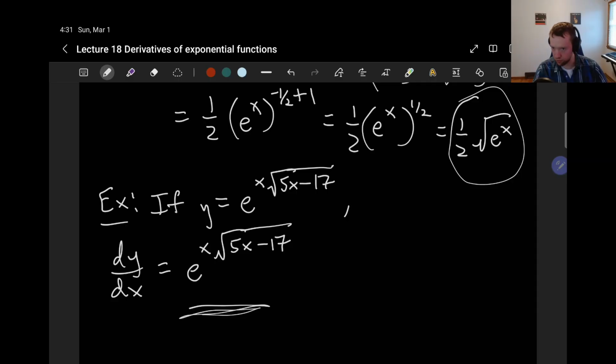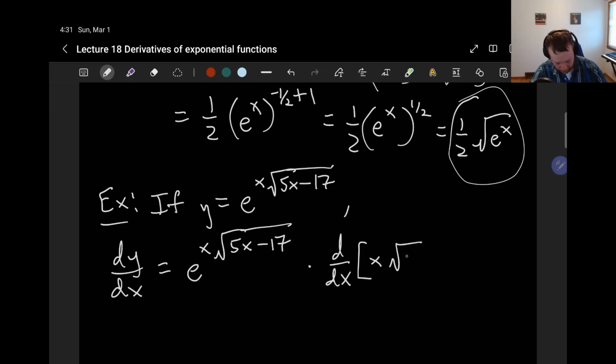So that's just repeating this thing back. But now I multiply by the derivative of that inside expression, that exponent. So there, I just did chain rule.